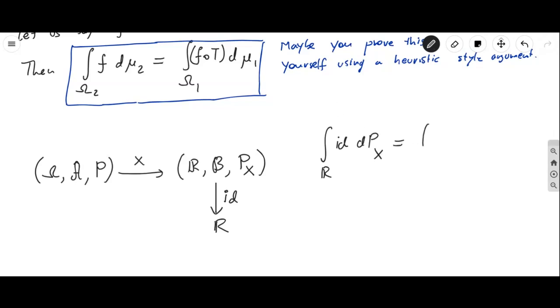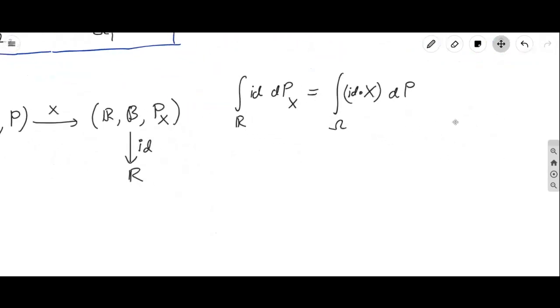That's the same thing as doing this composition, going from the original sample space directly to the real line. So that would be the identity composed with x, going directly like that, and then integrating with respect to the measure you had in the beginning, dP.